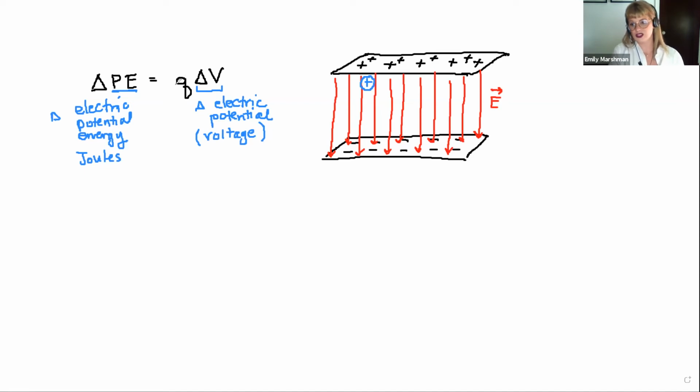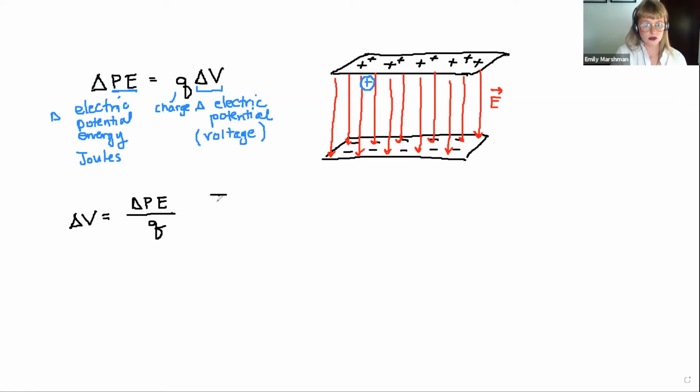And Q is the charge on the object. So if I solve this for electric potential or voltage, delta V, I've got the change in the electric potential energy per unit charge.